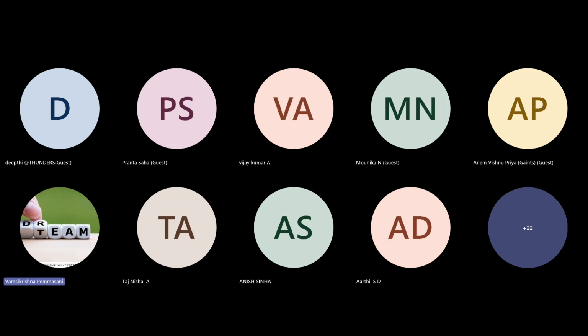Now, if your tire was blasted, what are you going to do? We will change the tire and go further. What do we call that process? We are handling that particular issue.